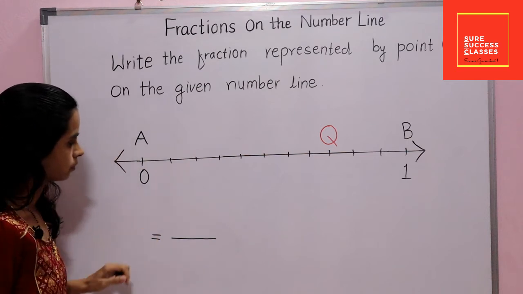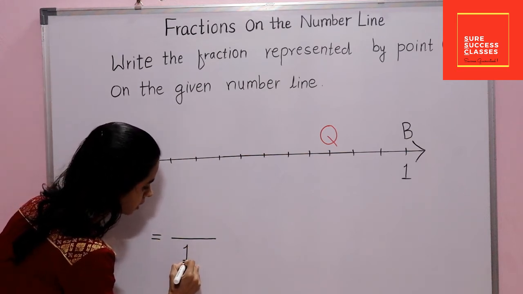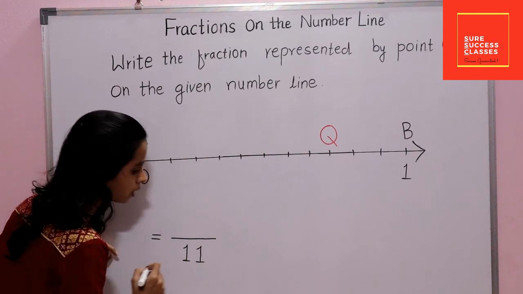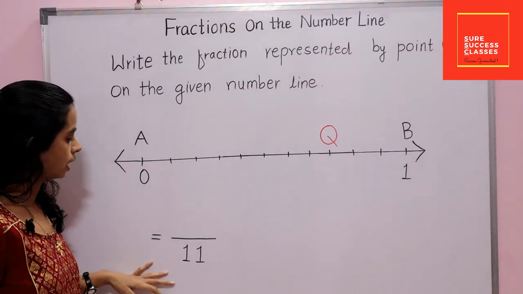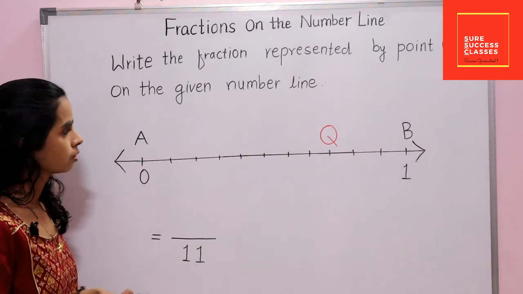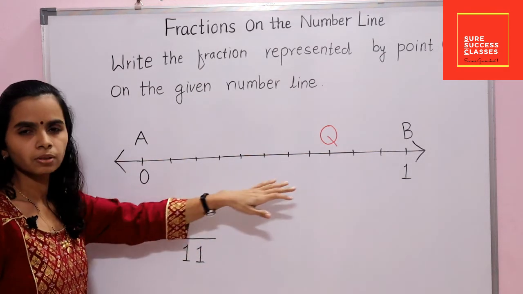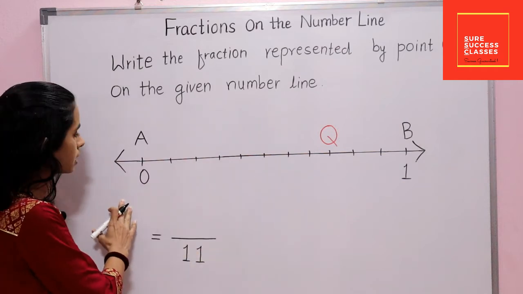I am putting here a fraction bar, and the denominator means equal parts. They are 11, and out of these 11 equal parts, we will find the place of point Q. We will count from the left side.